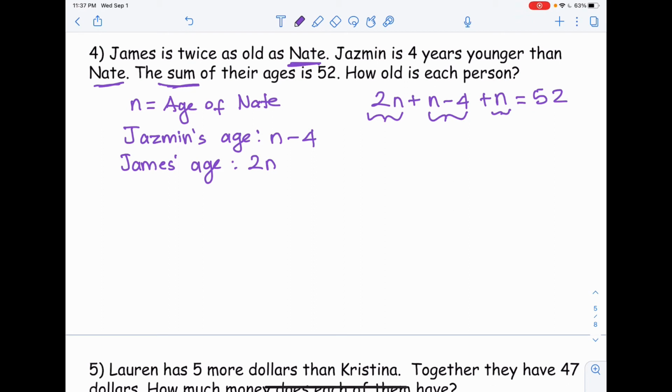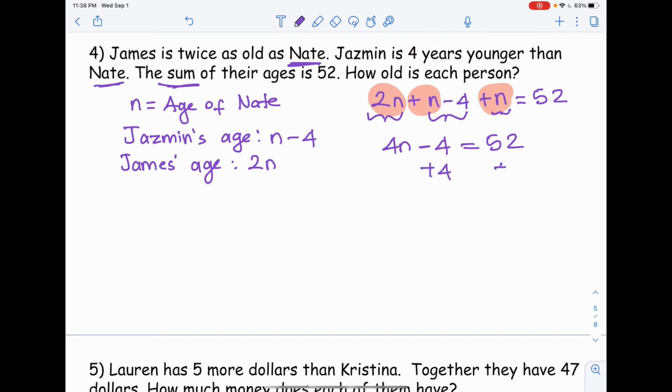Okay, let's combine like terms. We have 2N, we have 1N, and we have another 1N. So total we have 4N, and then we have constant negative 4, and then we're going to continue solving or following steps from two-step equations.